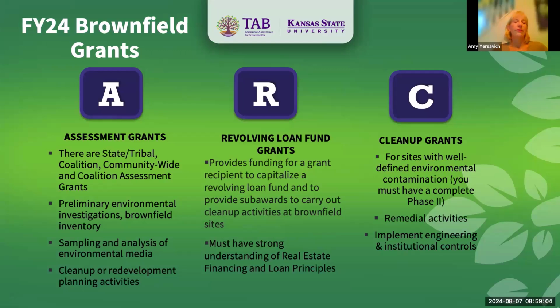The revolving loan fund grants, we won't spend too much time on. These are typically for organizations that have a lot of experience in real estate funding and loan operation.